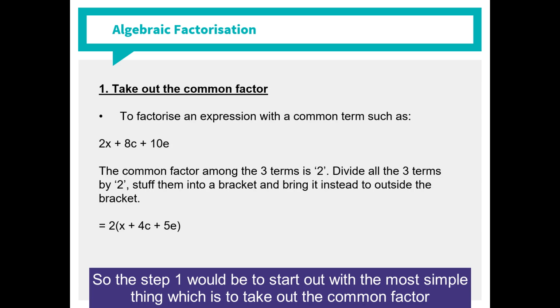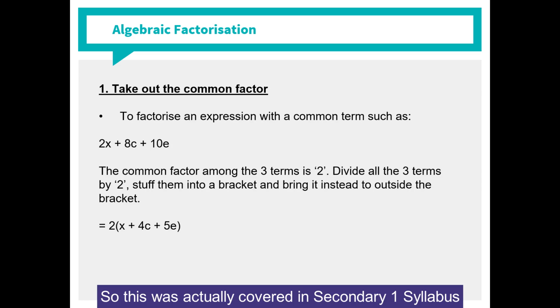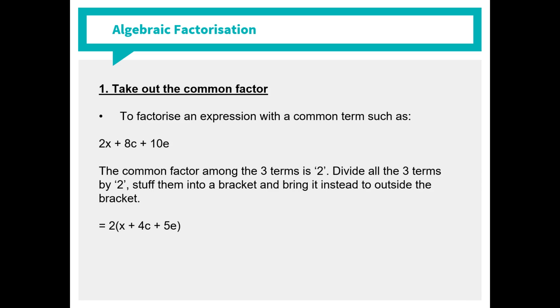Step 1 will be to start out with the most simple thing, which is to take out the common factor. This was actually covered in the secondary 1 syllabus. To factorize an expression with a common term such as 2x plus 8c plus 10e, the common factor among the three terms is 2, right?